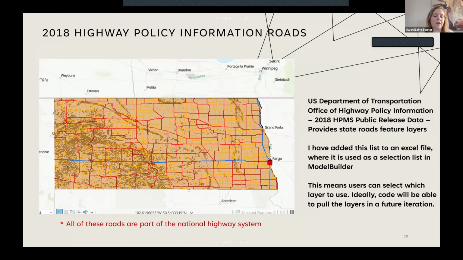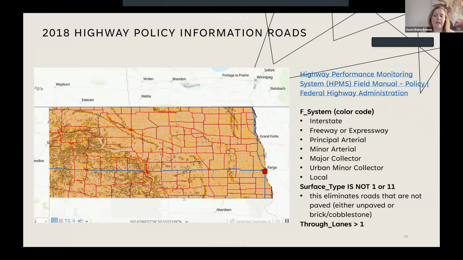So here's where I clipped the roads to the state of North Dakota, and you could see what that looks like. And just to give you a little information on the fields, I put a link in here.